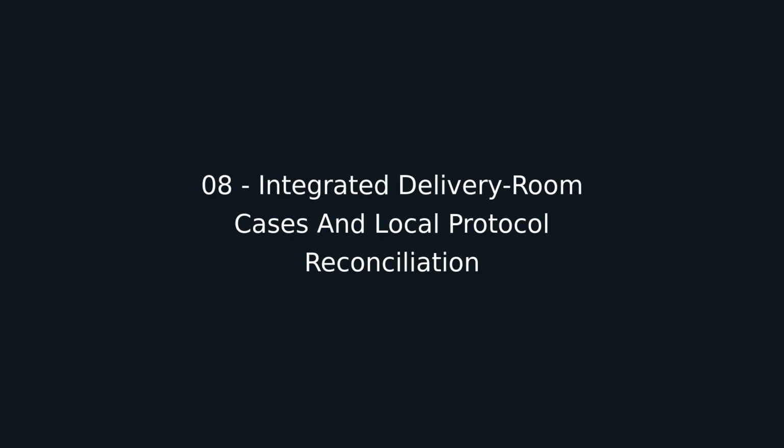ACOG defines prolonged second stage as more than 3 hours of pushing in nulliparous and more than 2 hours in multiparous, with individualized diagnosis. The language separates prolonged second stage from arrest and uses no station change after at least 3 hours of pushing in nulliparous or 2 hours in multiparous as the arrest concept.